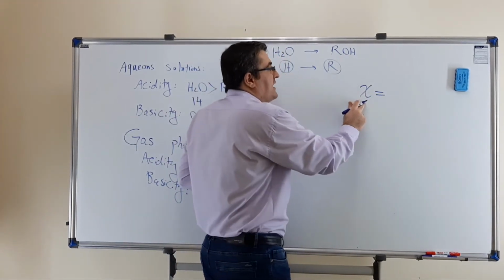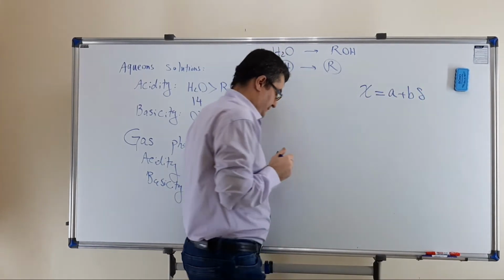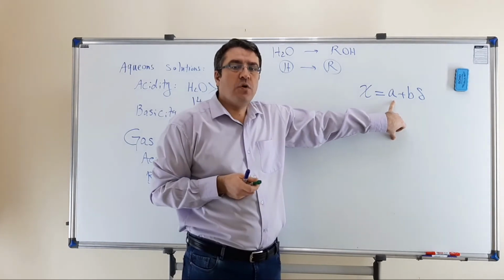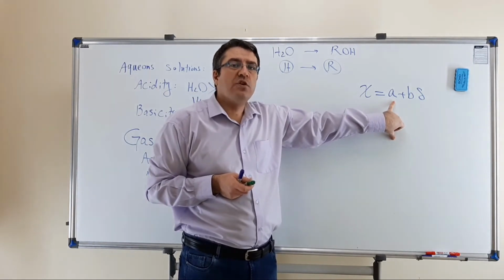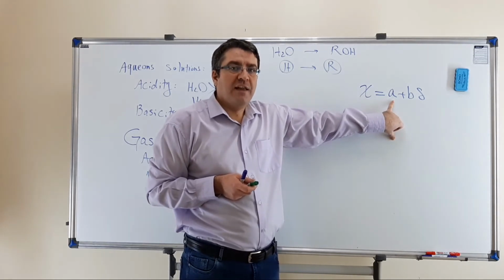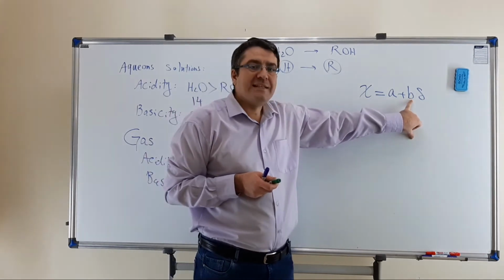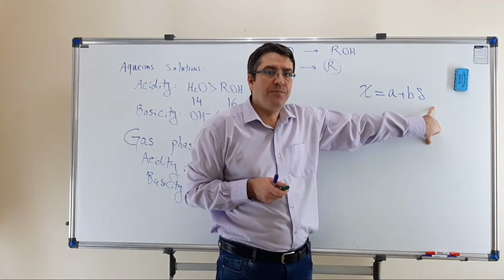where electronegativity chi is equal to A plus B delta. A is the intrinsic or inherent electronegativity of the atom, the electronegativity of the atom when it is neutral, when the charge on the atom is zero. B is the charge coefficient and delta is the charge on the atom.